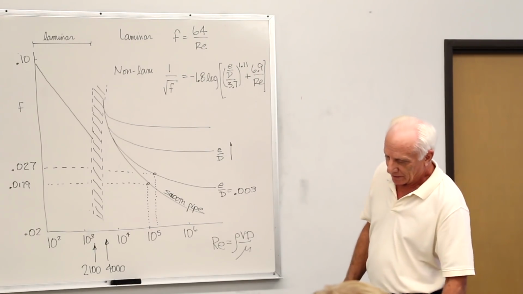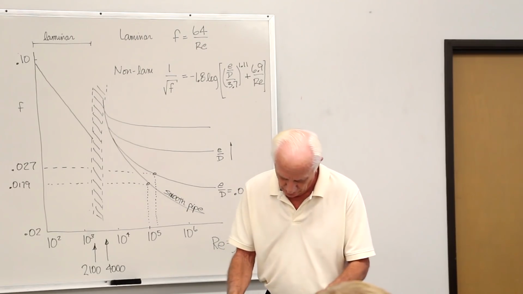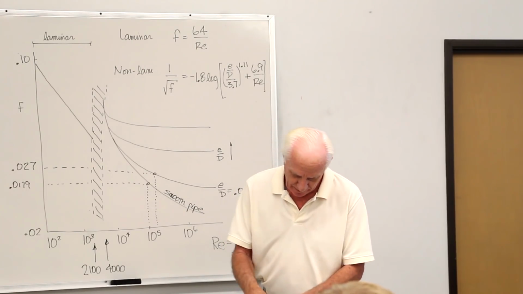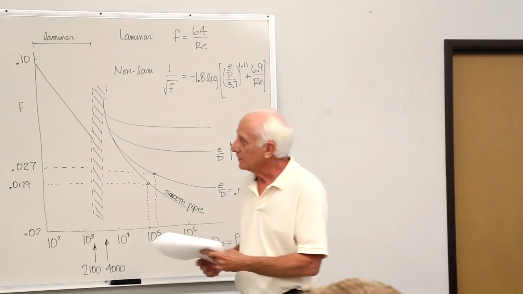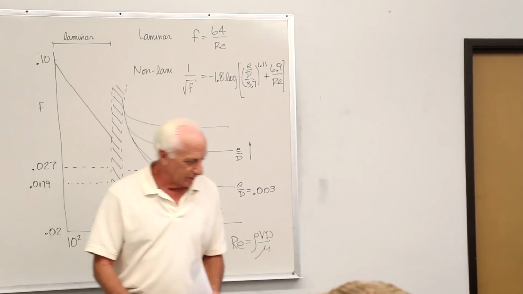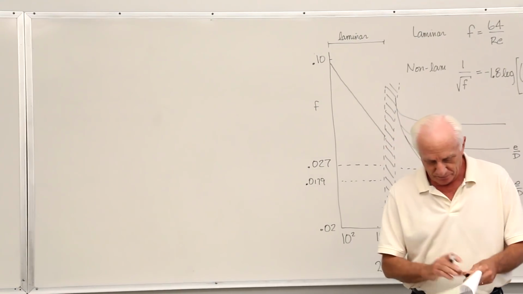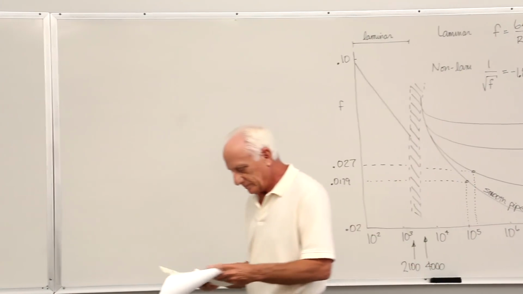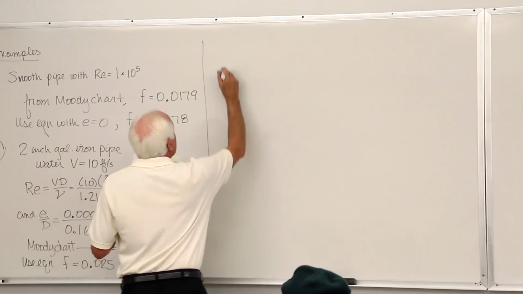Now, let's take a look at what kind of problems we can have with these pipe flow type problems. This is in the book, but I'll put it on the board here also for you. Three types of problems.